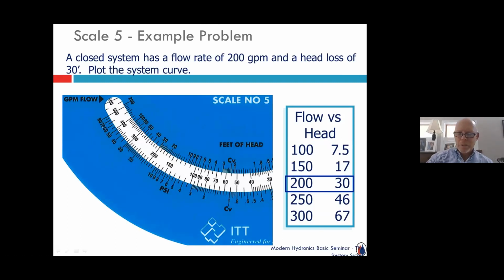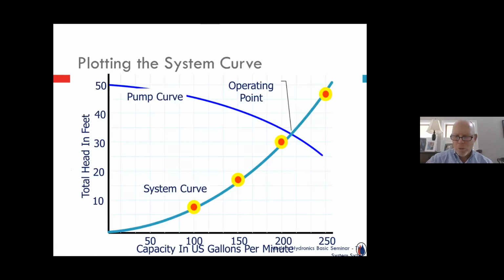I would take those numbers and plot them on a pump curve, and I'd create this system curve, and I'd see where my pump curve intersects, and that's going to be the operating point for that given system. If 200 at 30 feet is accurate, if that's the known, I build these arbitrary points so I can build a curve, and where it intersects the actual pump curve is where the pump is going to be operating in this system.